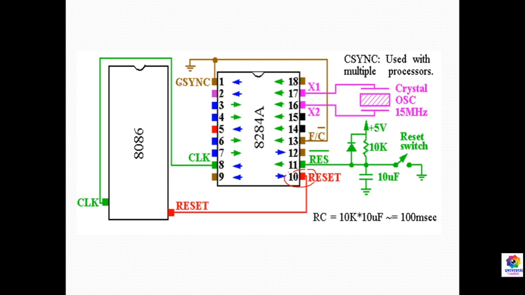In the same way, the clock synchronization pin is also grounded, because the 8284A uses only a single processor, not multiprocessing, in the IBM PC case. And this is all about today's lecture.